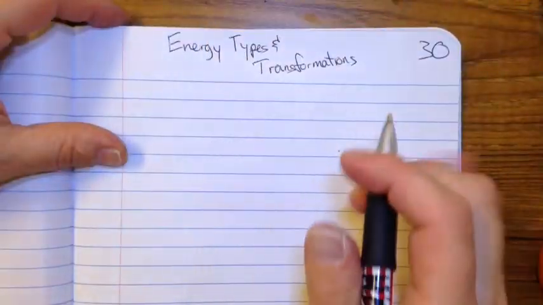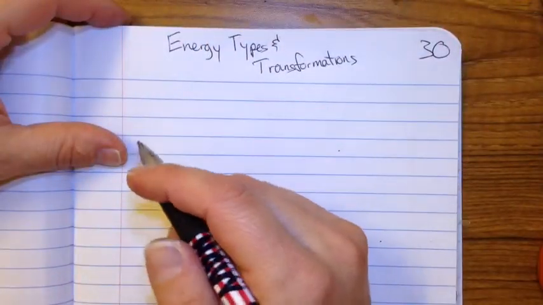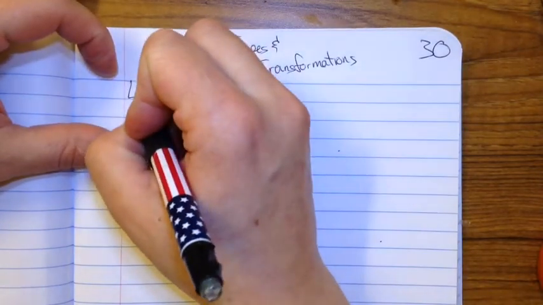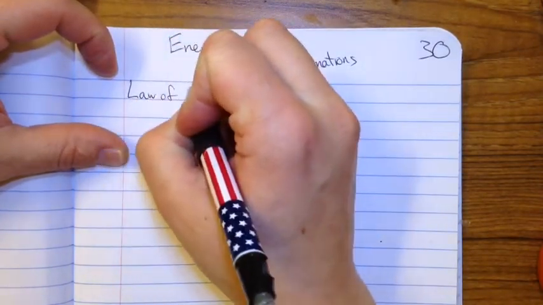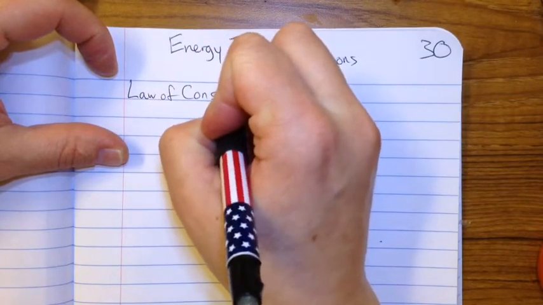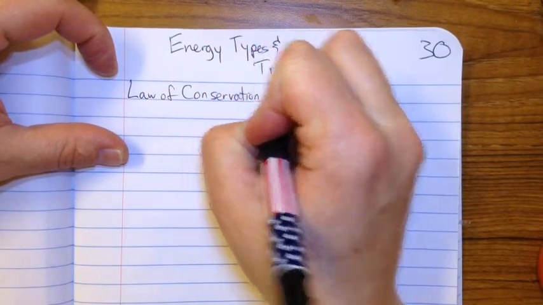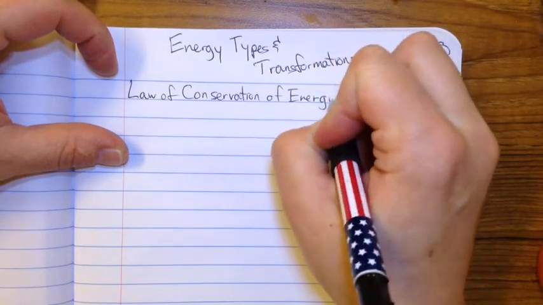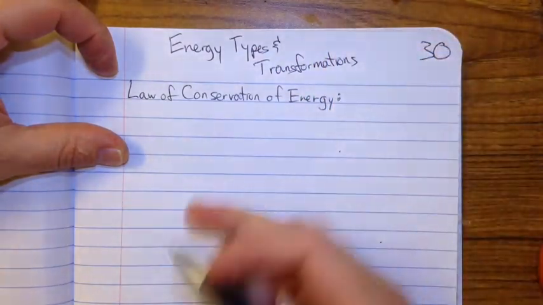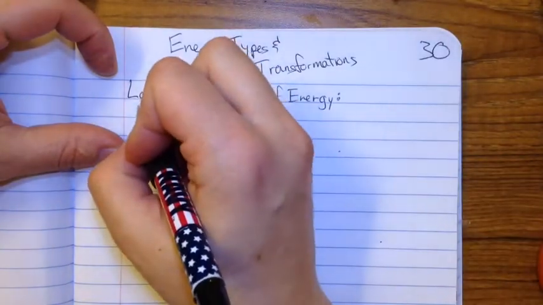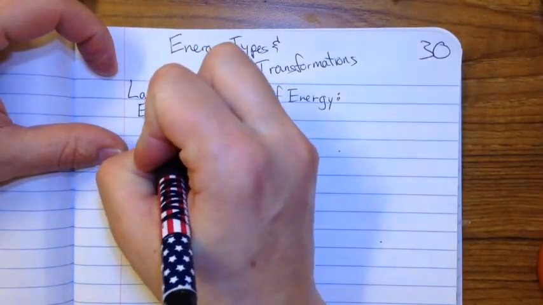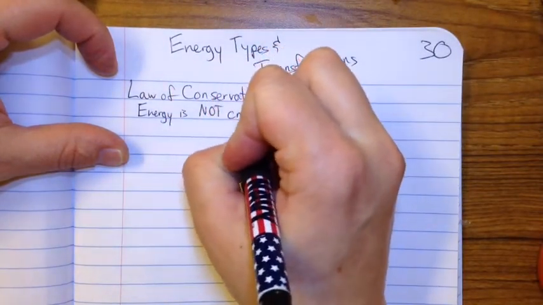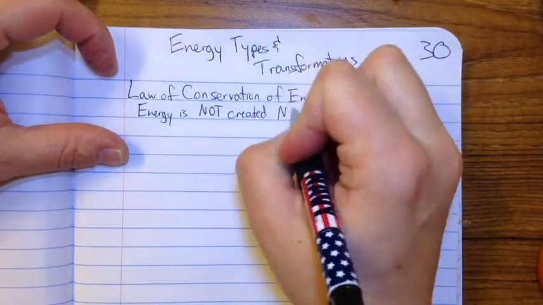When we talk about energy, there are many different types of energy we're going to discuss. And we have this very important law of conservation of energy. That helps give us perspective on all the different types of energy. It states, the law, that energy is not created, nor is it destroyed.